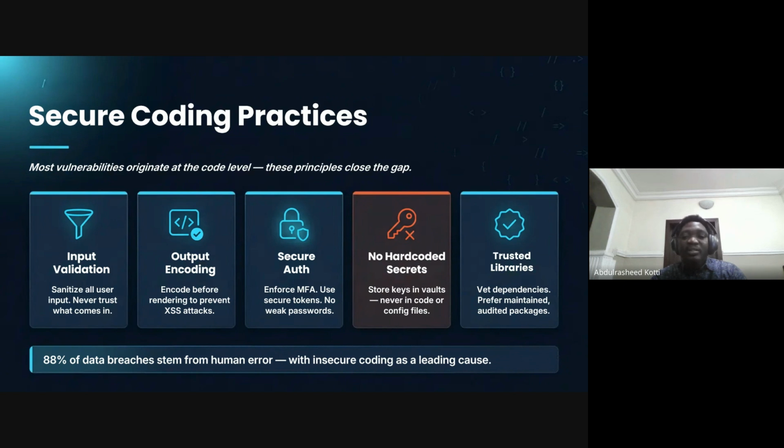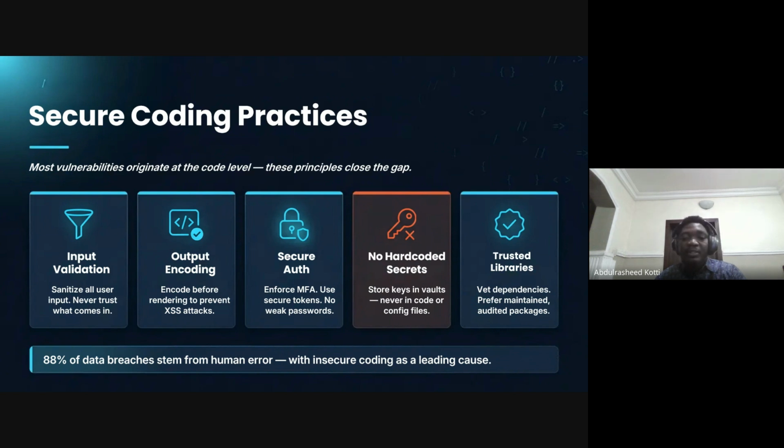There always needs to be a check when a user inputs something into something like a form, and this is for us to make sure that what the user has done is very safe. Next is output encoding, and this is to make sure that the data is safe before it is shown on the screen.